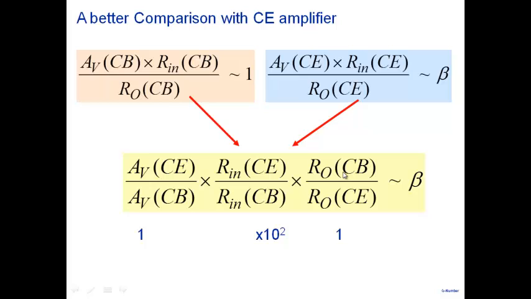But there are other possibilities also you can see here. What about this one? That also is a possibility. What this says is, for comparable gain, comparable input resistance, a common, did I make a mistake here? Okay, a common base amplifier's output resistance will be larger by a factor of 100.